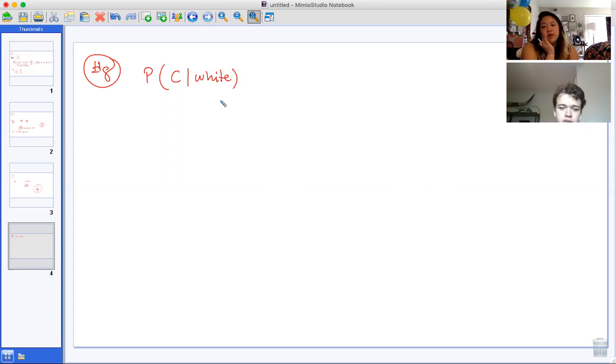It's just what are the white ones? How many white slots are there? 6. So our denominator will be out of 6. And of those 6, how many are the letter C? 1, right? Should just be one of them. Yep. So 1 over 6.